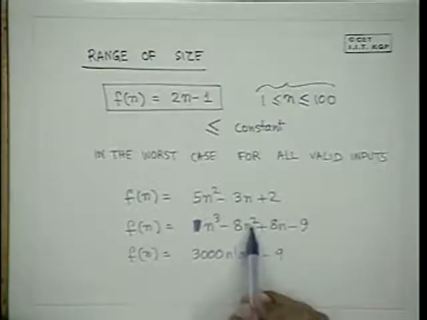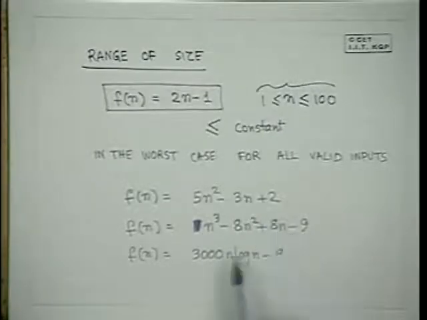This is n cube minus 8n square plus 8n minus 9. This is 3000 n log n minus 9.